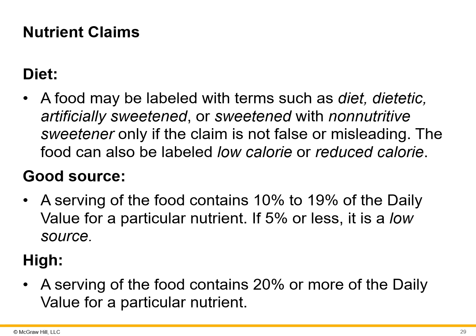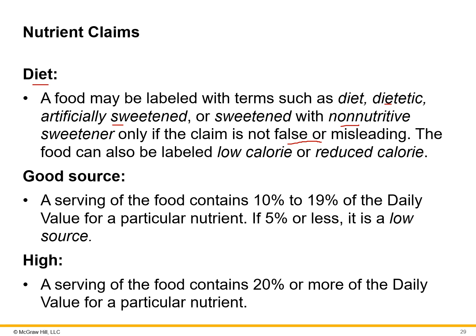All right, some of our other claims here. If something is listed as diet, especially beverages like Diet Coke, it means that it is dietetic, artificially sweetened, or sweetened with a non-nutritive sweetener. Again, it can only be listed as that if the claim is not false or misleading.